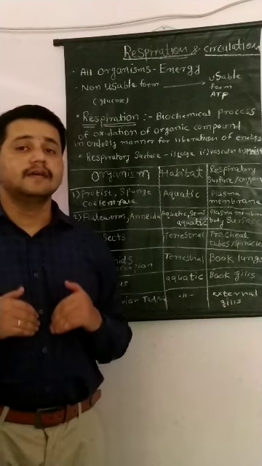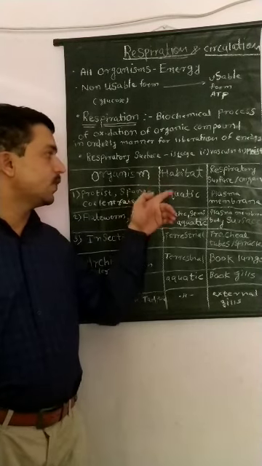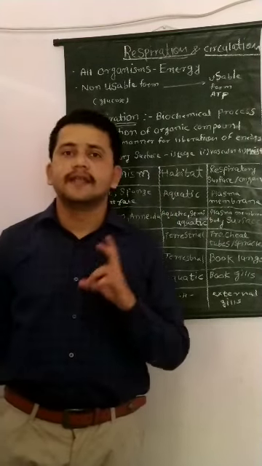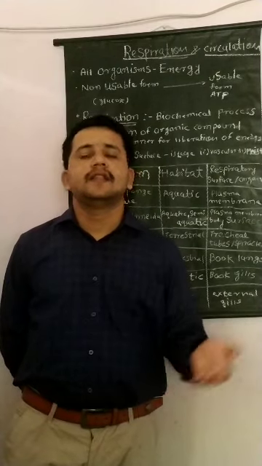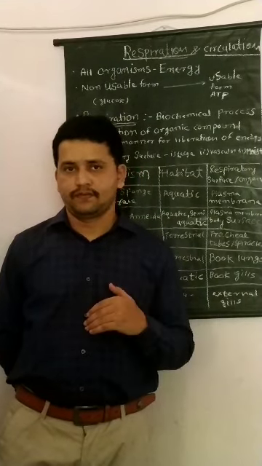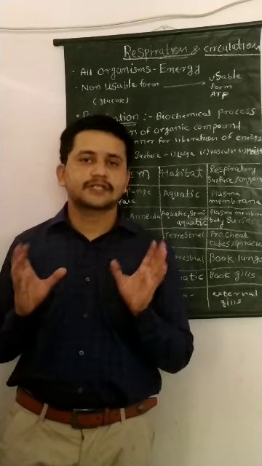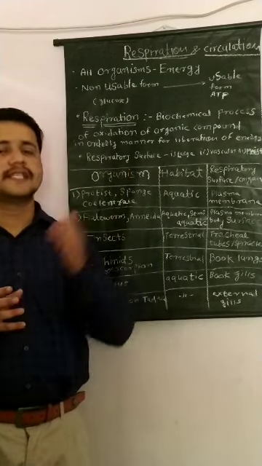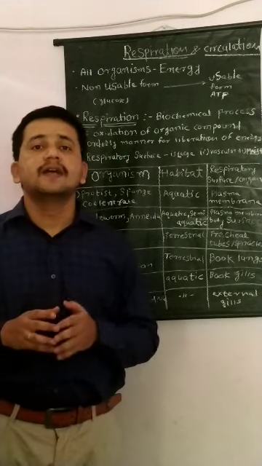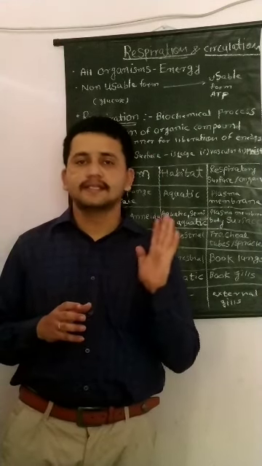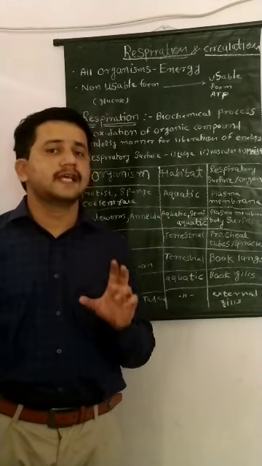They respire by the lungs, means they cannot respire by the water or their outer surface. Their energy requirement is high, therefore they take air from the atmosphere and they have a special sac-like structure which can separate air from the atmosphere, that is called lungs. So therefore higher animals have lungs.